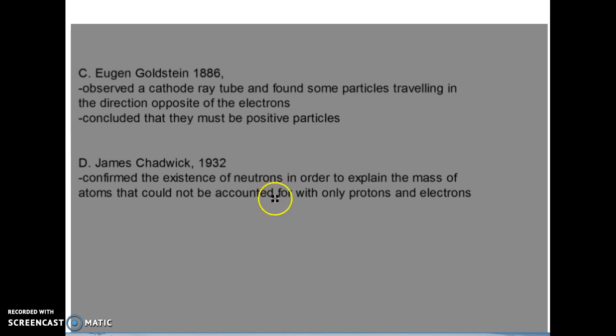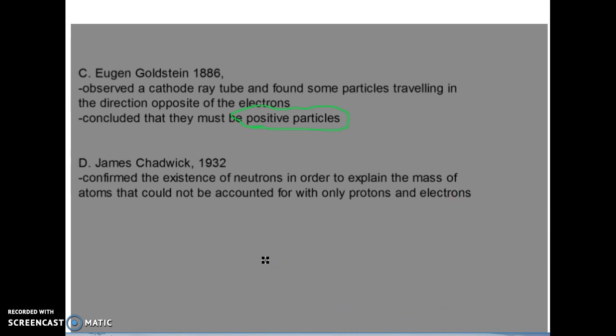We said there was a positive end and a negative end on our little cathode ray tube. So the electrons are moving toward the positive end. But he found some moving in the opposite direction, and he said, hey, there must be some positive particles also in that cathode ray tube. So that's the first person to say, hey, there's some little plus particles in there as well.